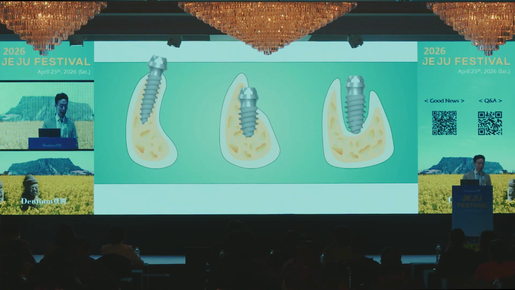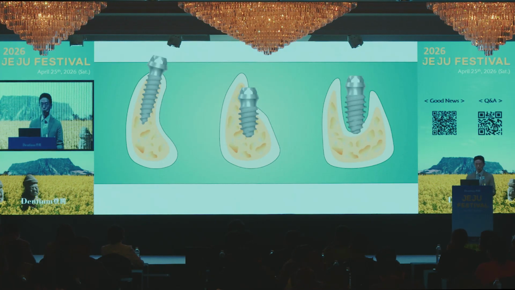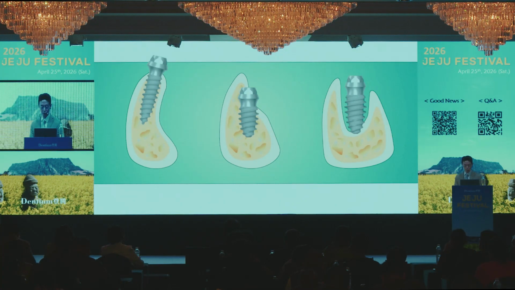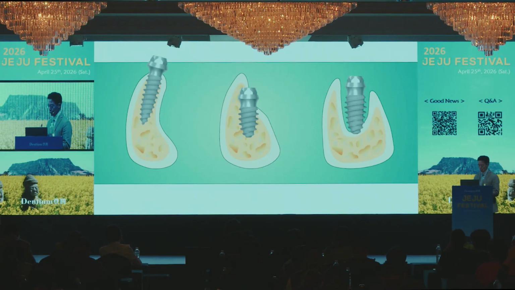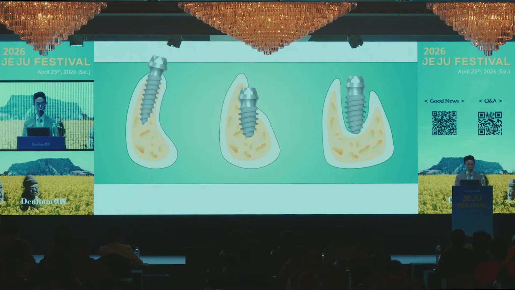But as you know, in China, you can use more than 3 millimeter, but I think after a few years, you can use 2 or 2.5 millimeter diameter tissue fixtures too. Even in cases with vertical bone deficiency, tissue level fixture provides a straightforward solution to clinicians.